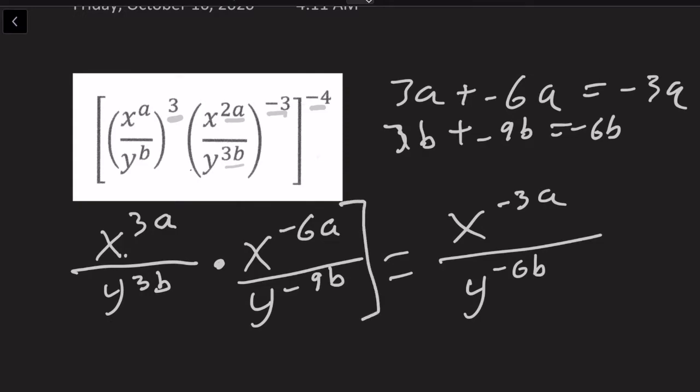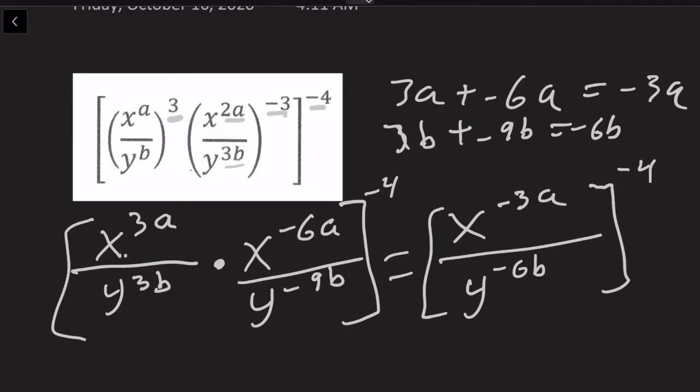Now remember that there's a -4 on the outside of these. So let's not forget that -4. Now we could just multiply, because this is inside of the brackets and it's all raised to the -4. When you have an exponent raised to an exponent, it's basically multiplying.